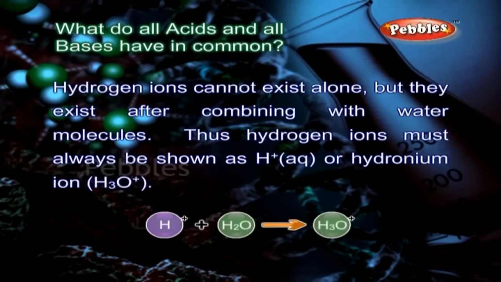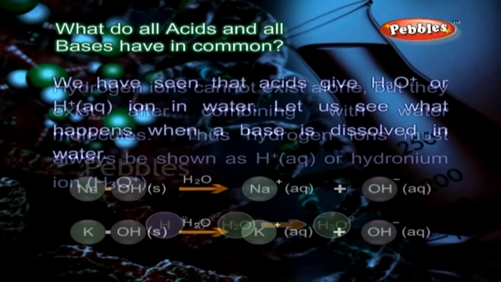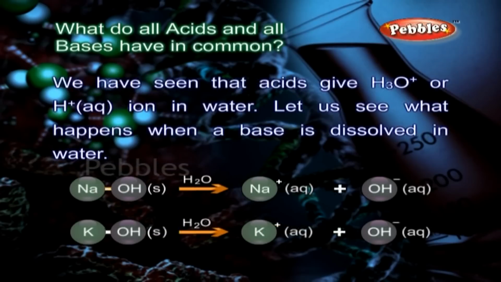Thus, hydrogen ions must always be shown as H+ (aq) or hydronium ion, H3O+. H+ + H2O gives H3O+. We have seen that acids give H3O+ or H+ (aq) ion in water. Let us see what happens when a base is dissolved in water.